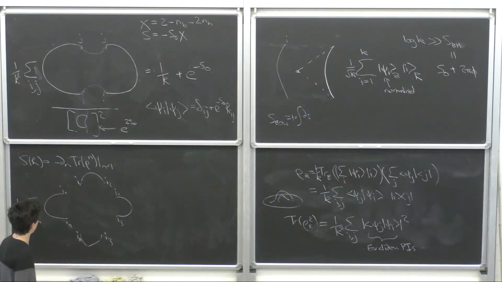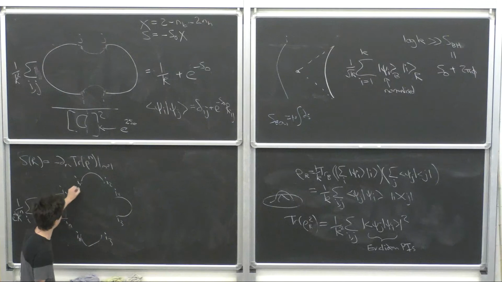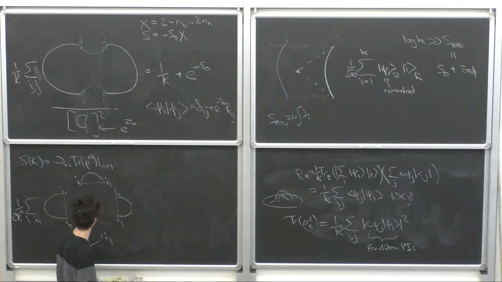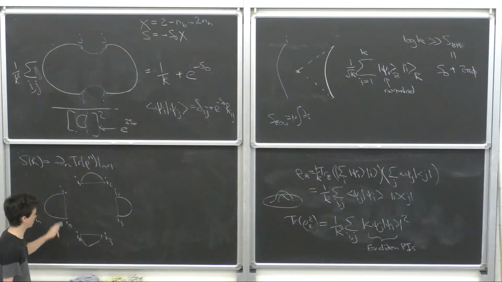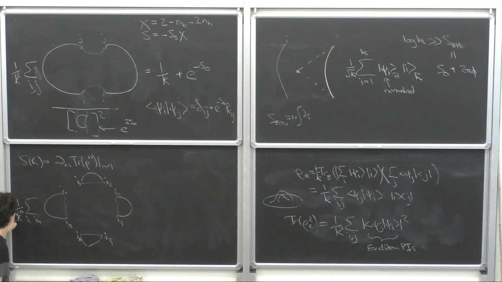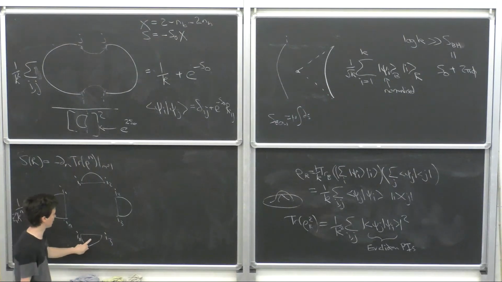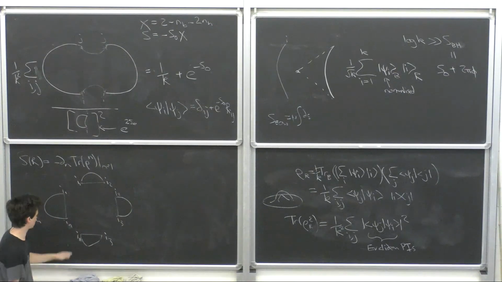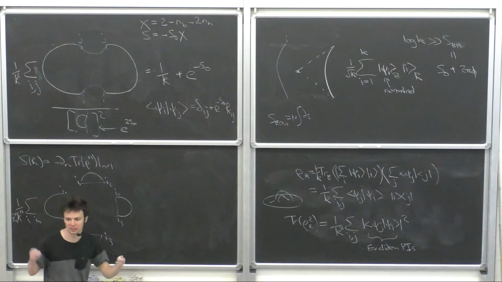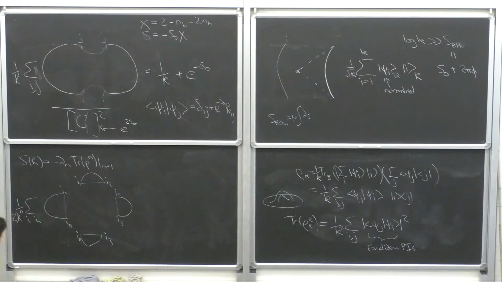Okay? So if k is small, then we just end up with n independent Euclidean black holes. Each of those gives a classical action that's exactly equal to z1, so let's call this z1 to the n rather than e to the s0, because I want to be a bit more precise now. The gravitational action between top and bottom exactly cancels because we have the same geometries on top and bottom.